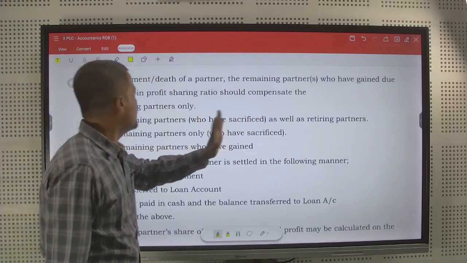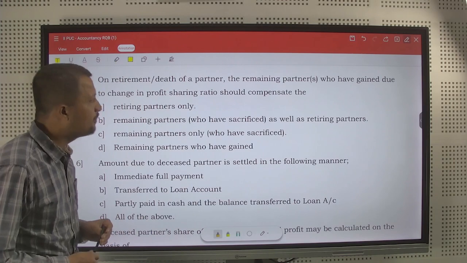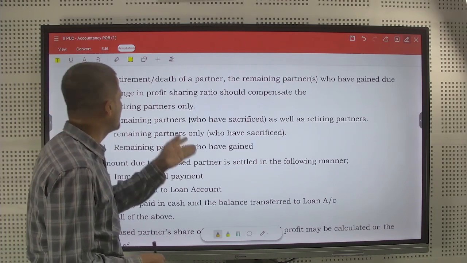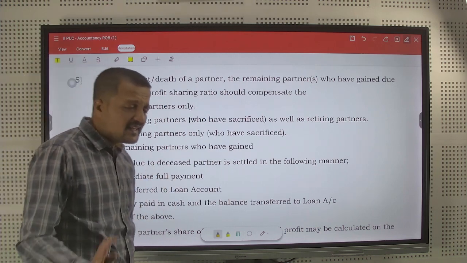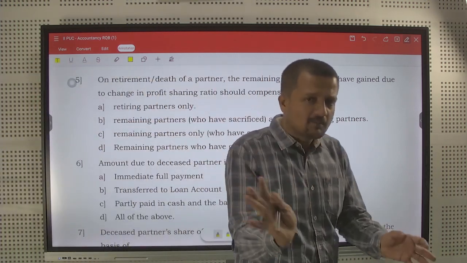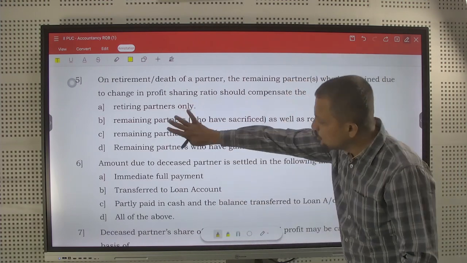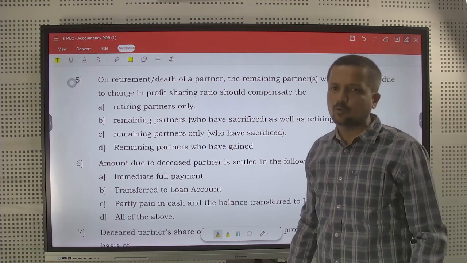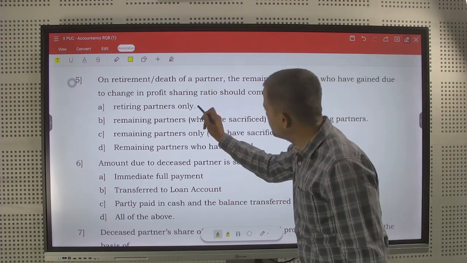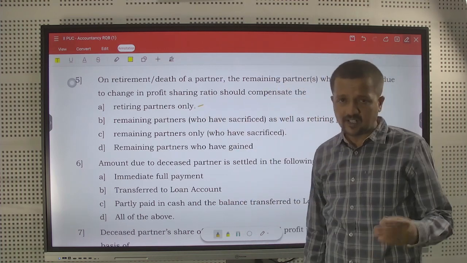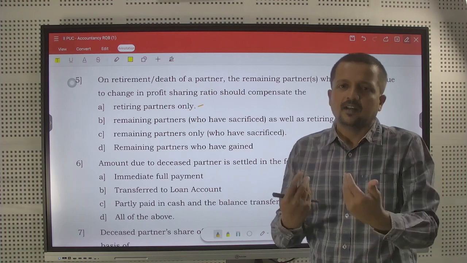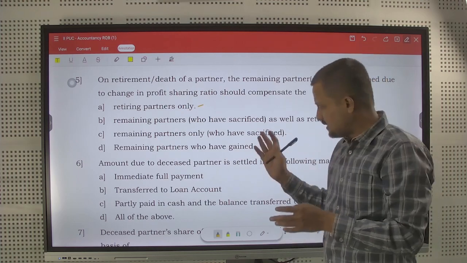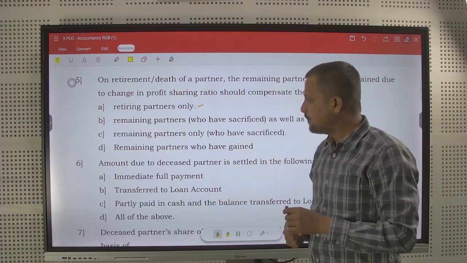On retirement or death of a partner, the remaining partners who have gained due to the change in the profit sharing ratio should compensate. If you restrict yourself to PU knowledge, your answer would be the remaining partners have paid to or compensated the retiring partner.